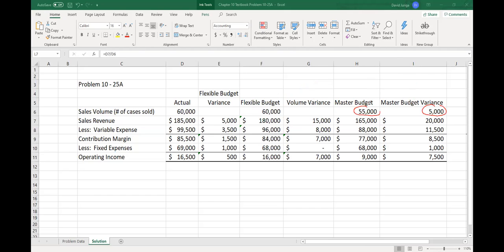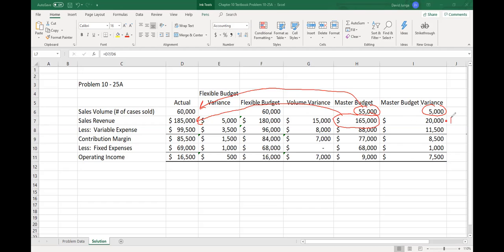That's just comparing the 55,000 here to the 60,000 actual. This 20,000, this variance right here, is comparing the master budget revenue, which is 165, to the actual revenue of 185. So we get a $20,000 variance.